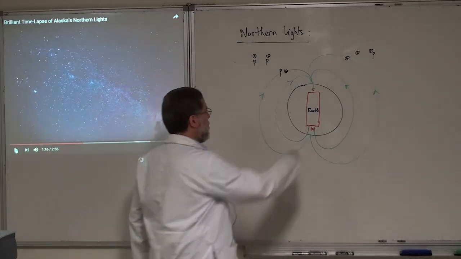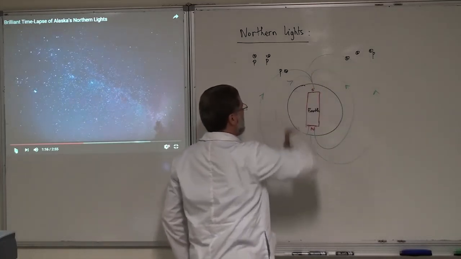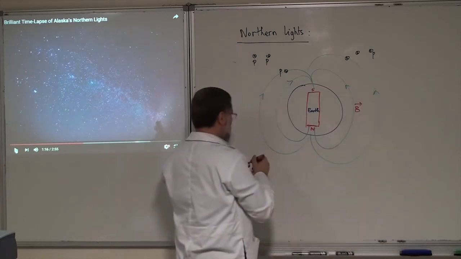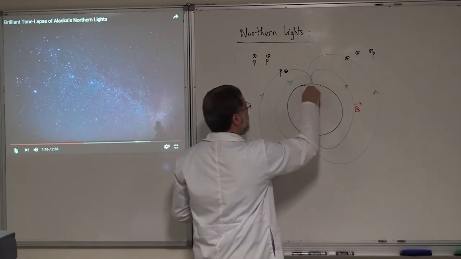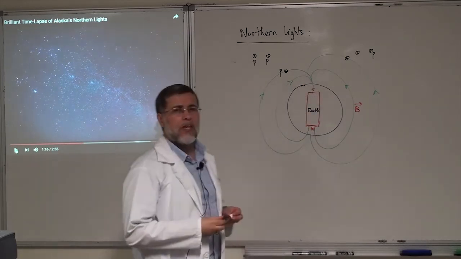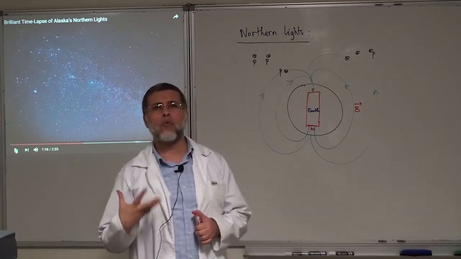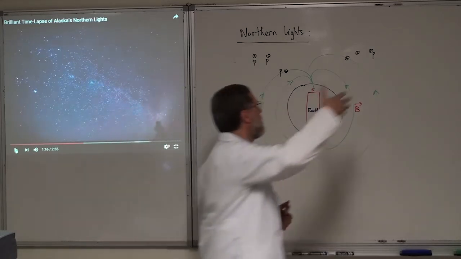Okay, so the Earth has a magnetic field, and the green lines here are the magnetic field of the Earth. That's B. You can see the green lines are closer here, which means the magnetic field at the North Pole is very strong. There's something called the solar wind. Sometimes you get protons, charged particles, coming from the sun.